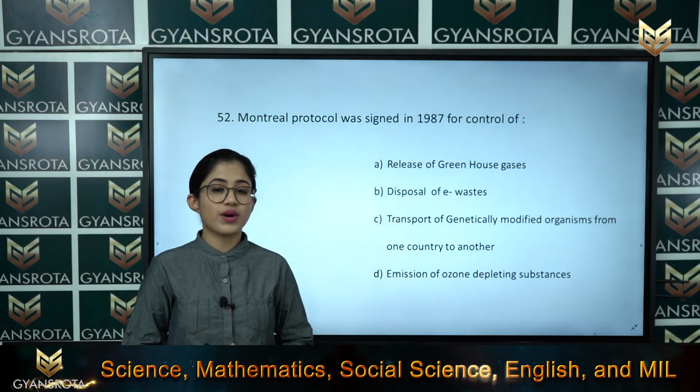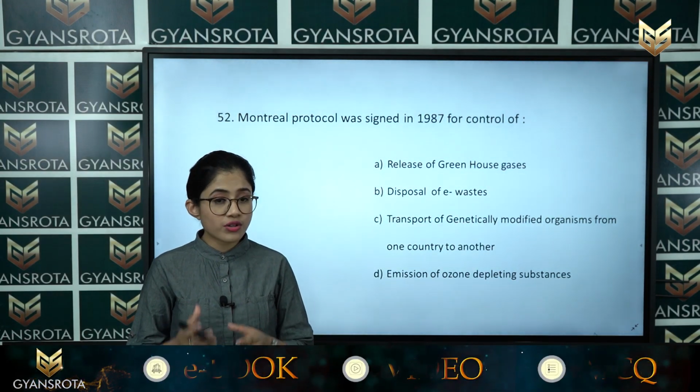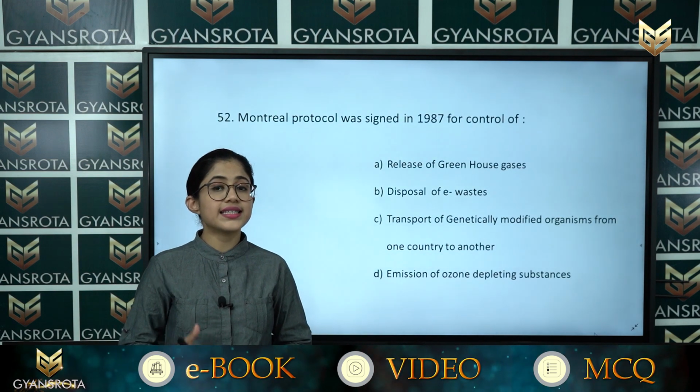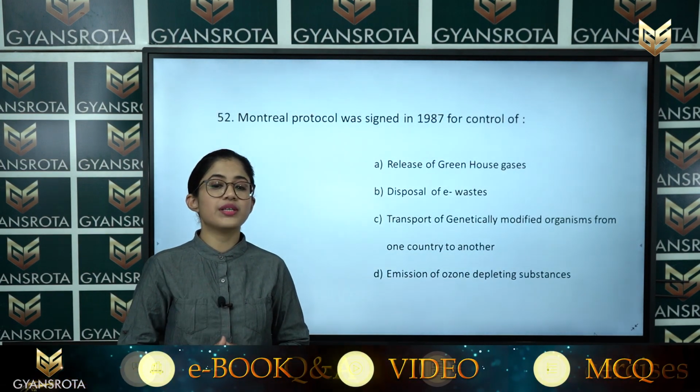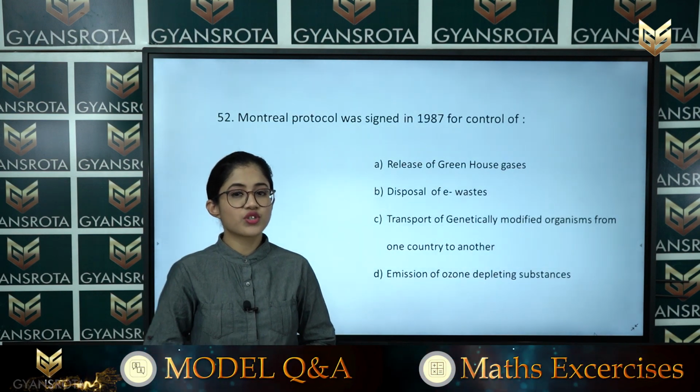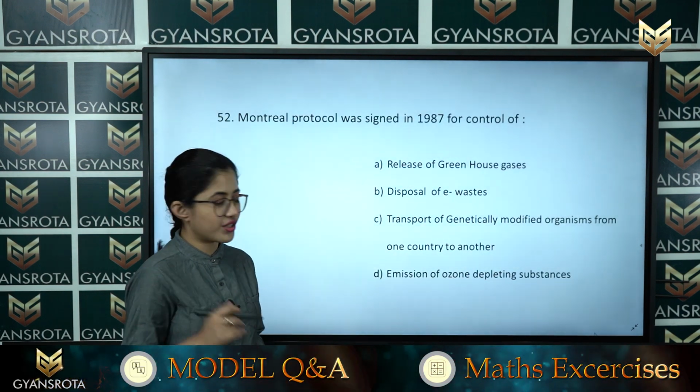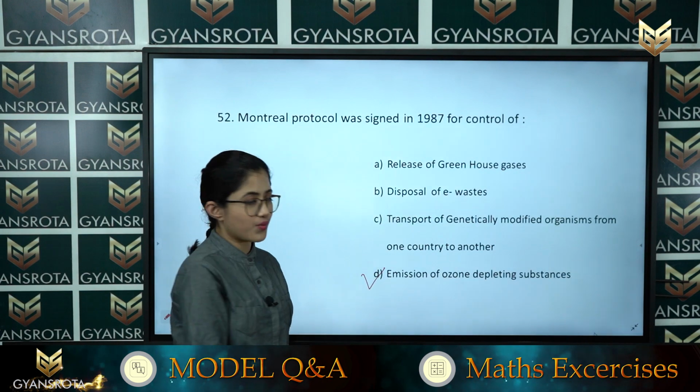So student, what is the correct answer? Montreal Protocol was signed in 1987 for control of emission of ozone depleting substances. So among these 4 options, option D is the correct one.